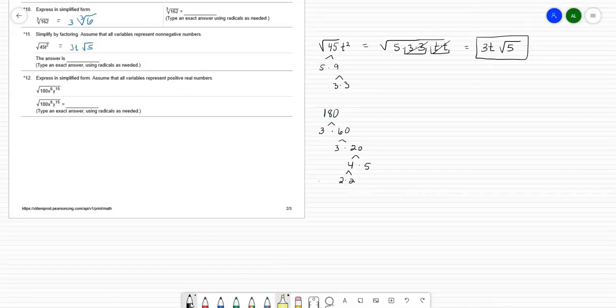So for my square root of 180, I have 2 times 2, I have 3 times 3, and I also have a 5. And all of that multiplies to give me the 180. Now I also have x to the 6. Now think about it.